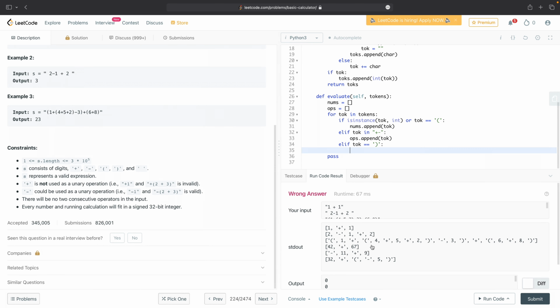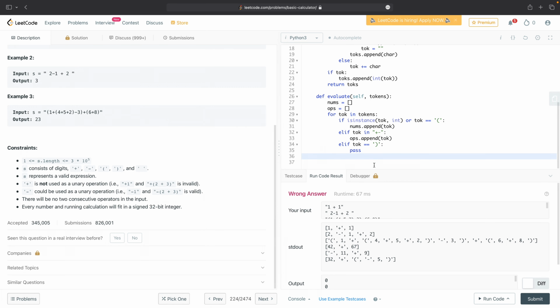So if I've got, let's say I've got four, what? Yeah, I'm just trying to think what's the right way to do this. The idea is, well, if I get all the way to the end, let's do this one as a pass for now. We'll handle parentheses in a minute.